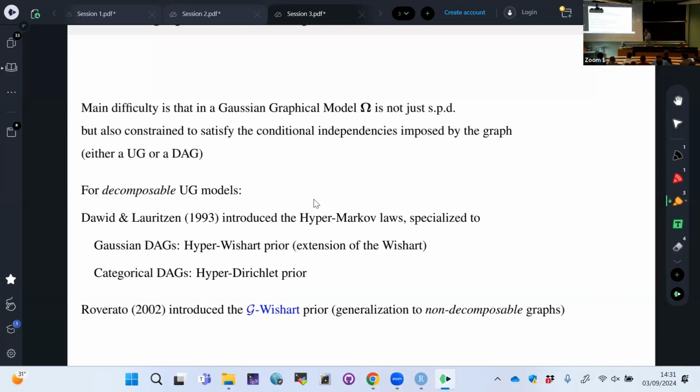But more recently, Alberto Roverato introduced the G-Wishart prior, which is a generalization of the hyper Wishart prior to any kind of undirected graph model, so also to non-decomposable graphs. And this is what I would like to discuss a bit today, since it is a more general prior.